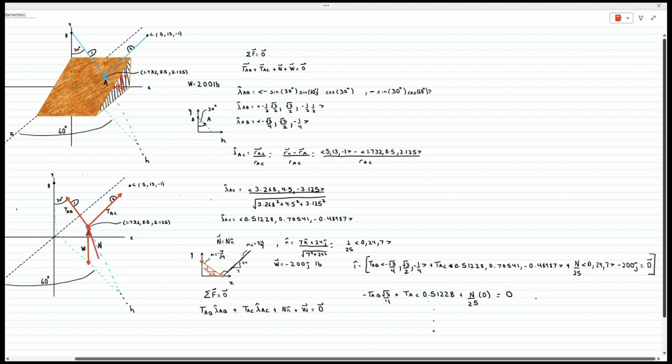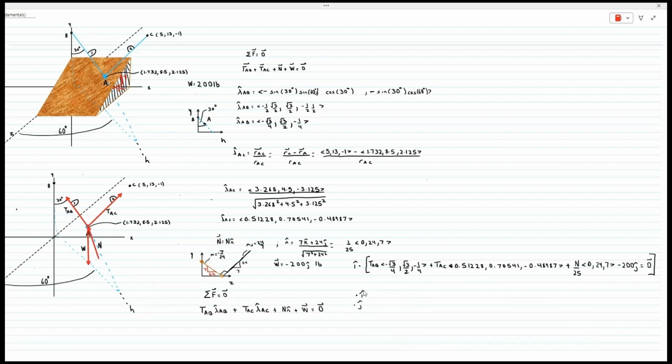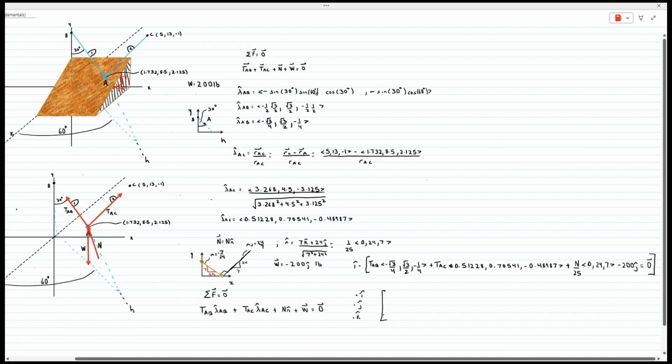What I'm going to do here is take advantage of my calculator. I'm going to write this equation instead in matrix form. So let's get rid of this. If you observe, the top row of the matrix will just be the leading coefficients of that first vector.